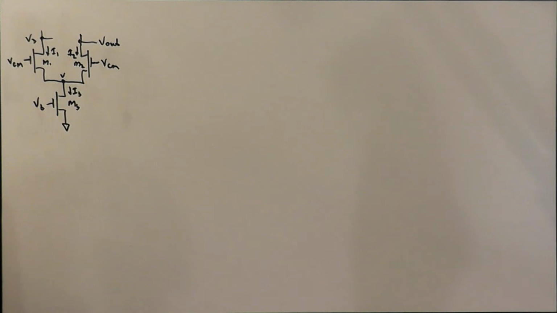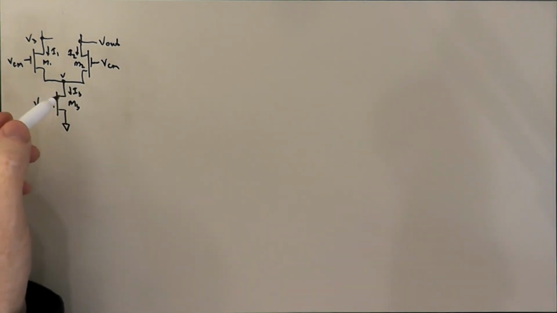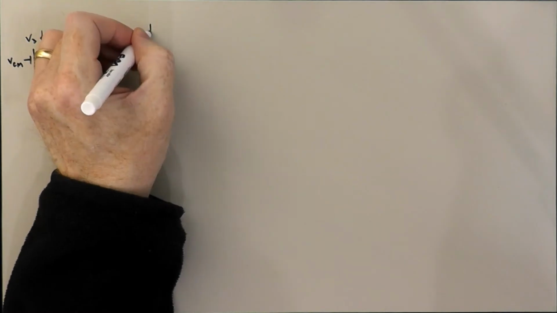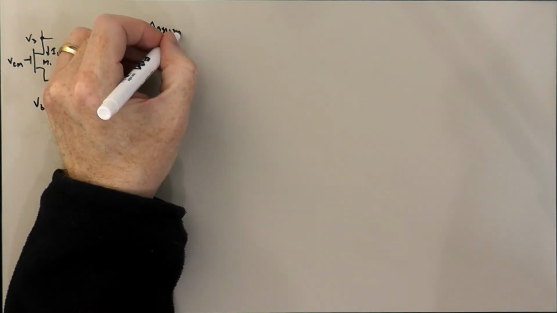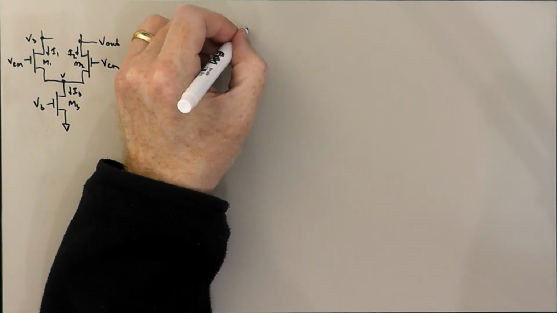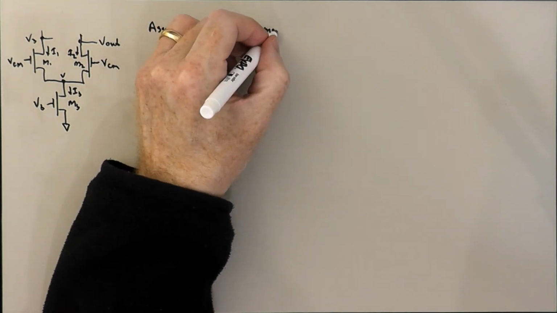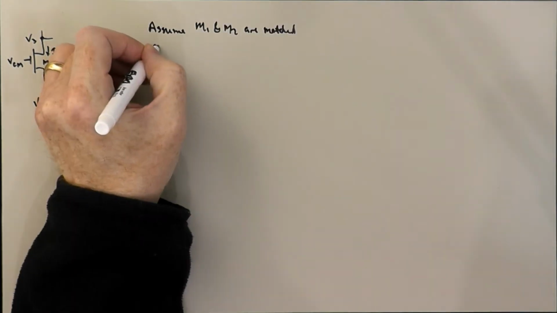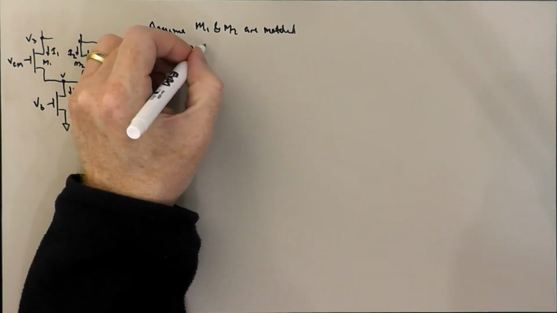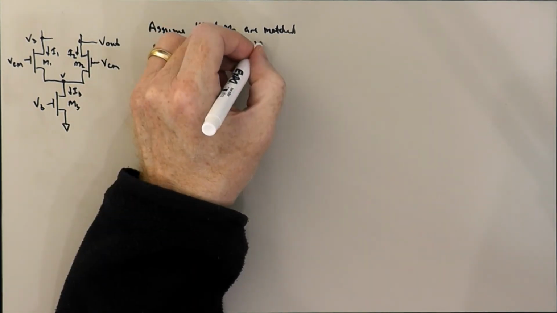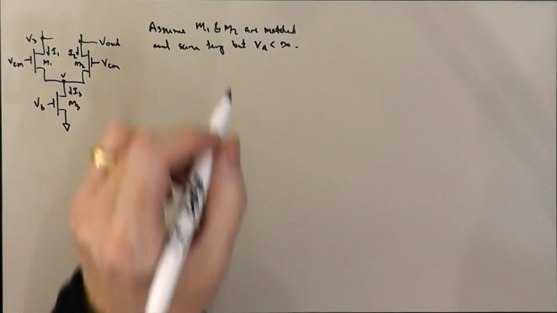Now, we're going to assume that these transistors are matched, but now they have a finite early effect. So we're assuming M1 and M2 are matched, and same temp, but VA is less than infinity.